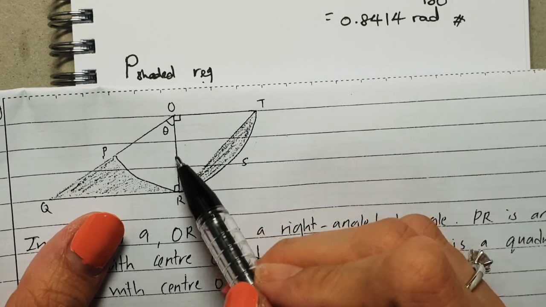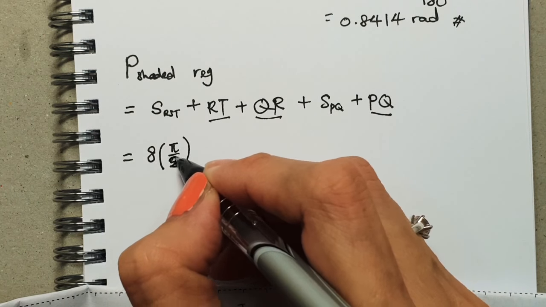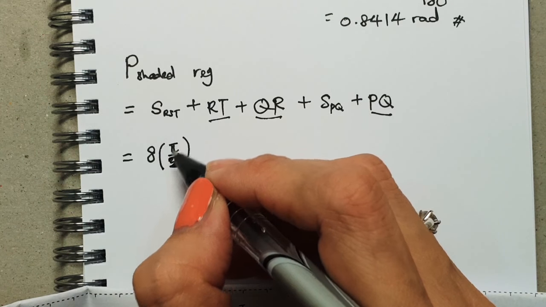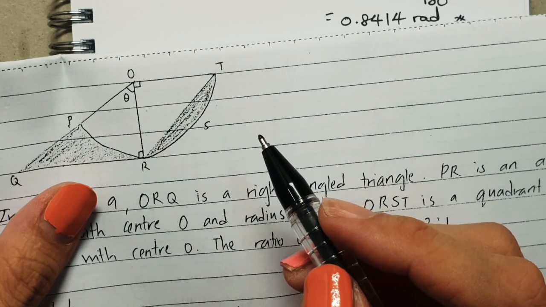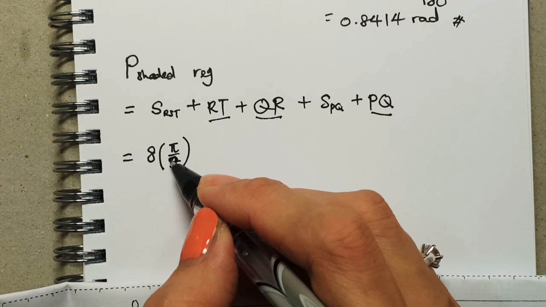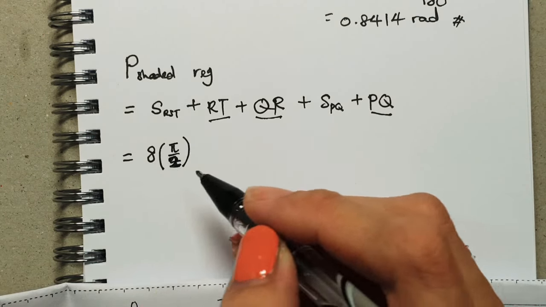Why? Because it's 90 degrees, and 90 degrees is pi over 2. Pi is 180, so divided by 2. So it's half of the pi. That is for the arc length of RST.